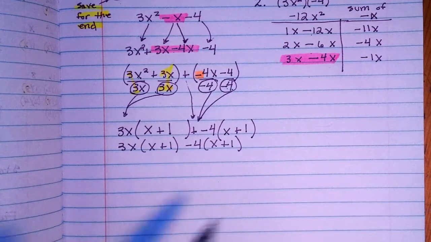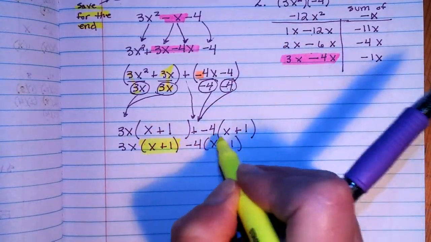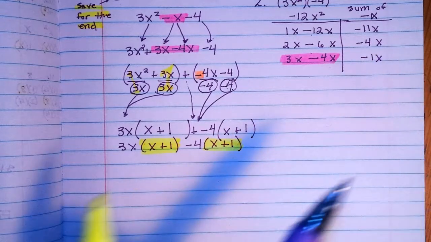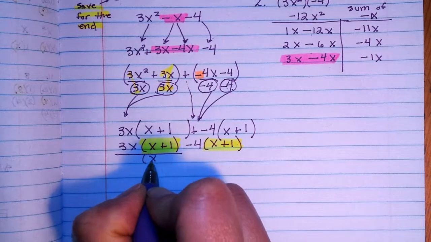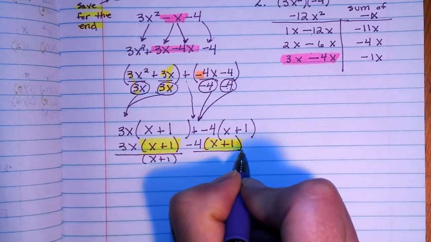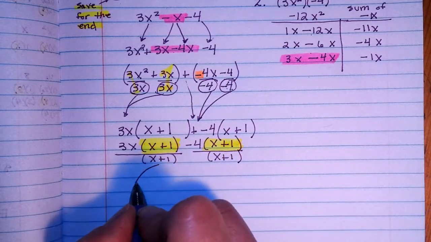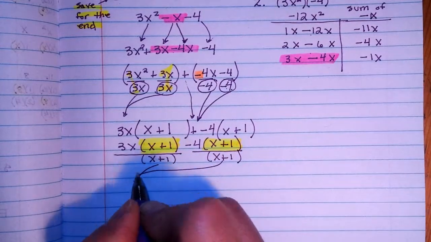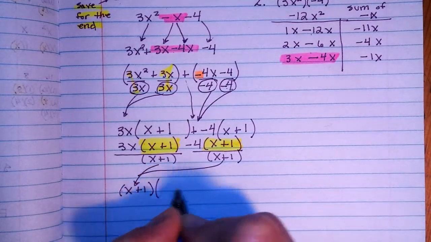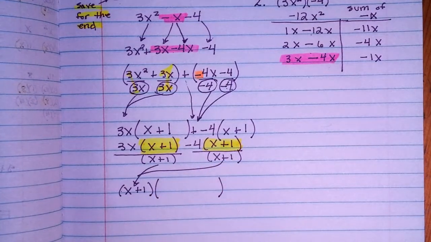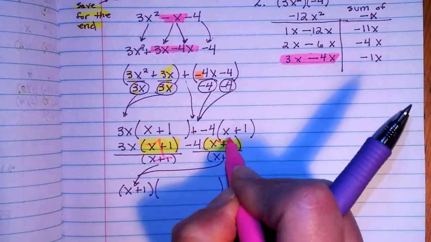What is the same in both of these? This x plus 1 is a common factor in both terms. That means I can divide out x plus 1. So when I divide out x plus 1, I have x plus 1 in the front. x plus 1 divided by x plus 1 divides out to 1.